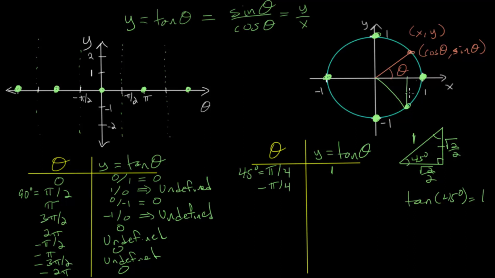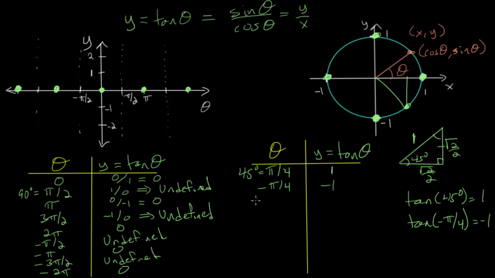So the opposite side is negative, but since we're still dividing something by itself, we would get 1 comparing the lengths here, but it would be the opposite of 1 since this y value is negative. And the tangent of minus pi over 4 or minus 45 degrees would be negative 1.